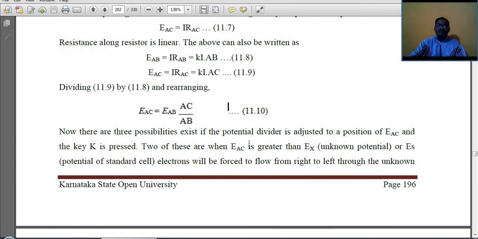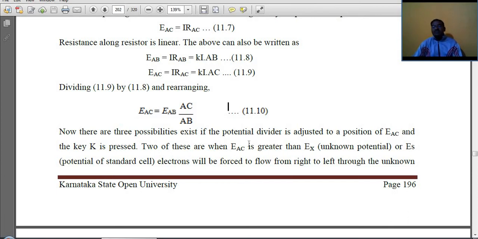Now there are three possibilities if the potential divider is adjusted to a position of EAC and the key K is pressed. Two of these are when EAC is greater than EX or ES.